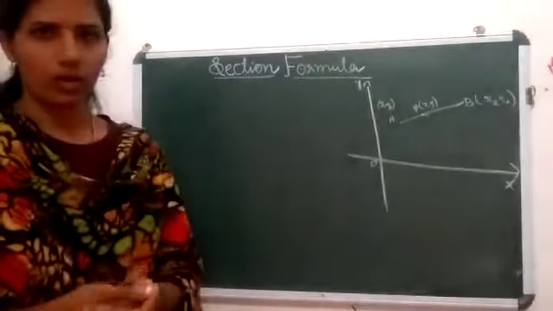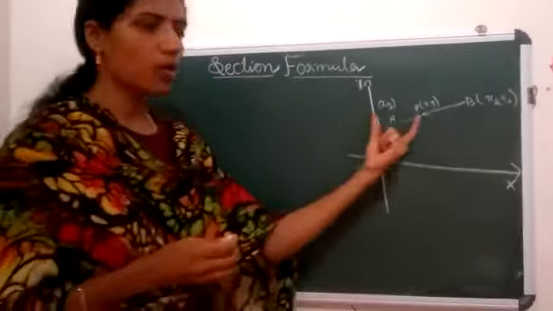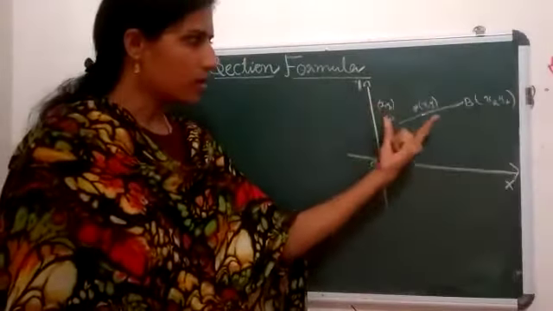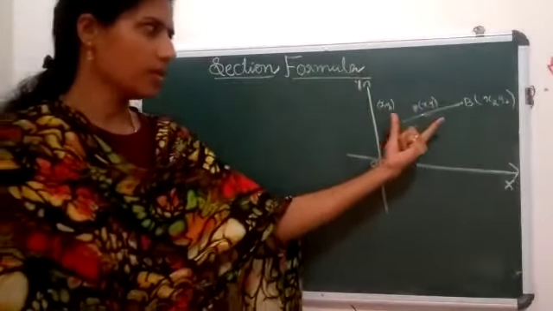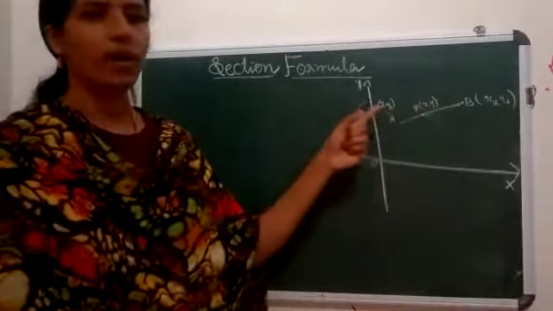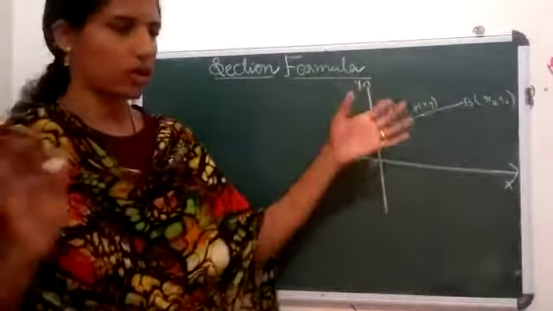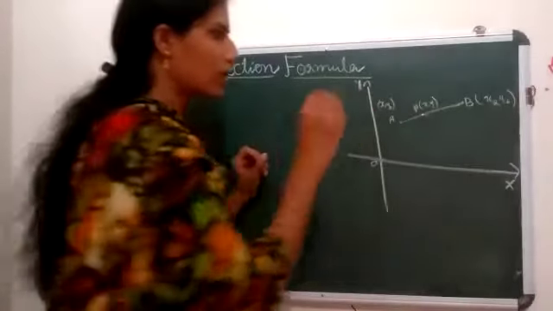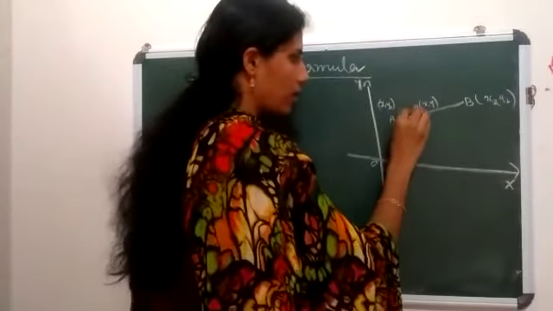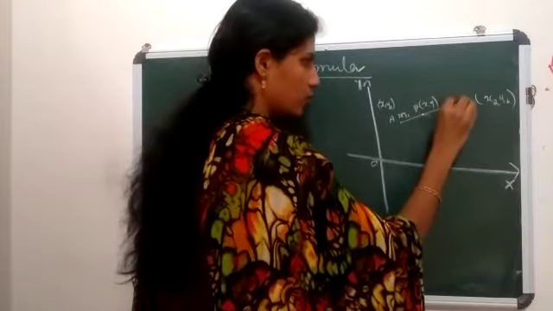So how will you find out? That means there are 2 points, and the line segment is divided using one point in any ratio. That ratio is M1 and M2.